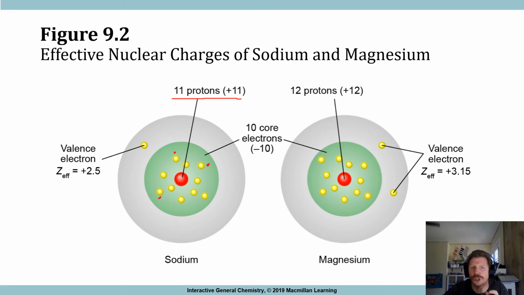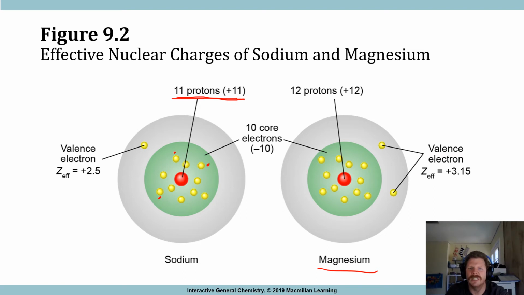Instead, you have this shielding taking place. These 10 core electrons experience the most pull from those 11 protons. Same thing with magnesium. There are 10 core electrons, and these two electrons outside of that range are your valence electrons, and they receive less of that pull than your core electrons.